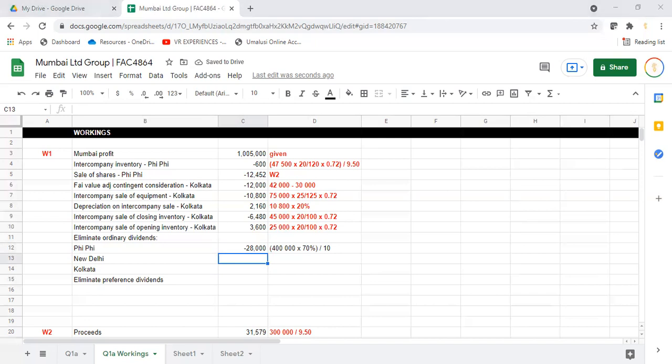The next is going to be New Delhi. That's the order. New Delhi declared a dividend on 31 August 2018 of 60,000 Rand. At 31 August 2018, how much did we own? There was no change in ownership, so we had a 25% interest.